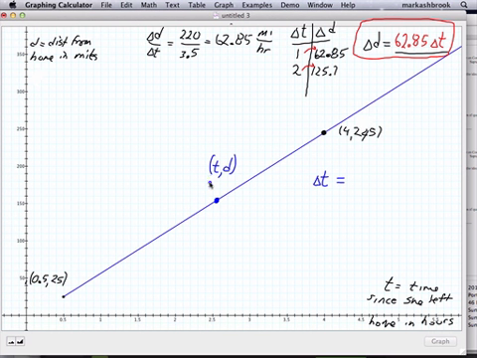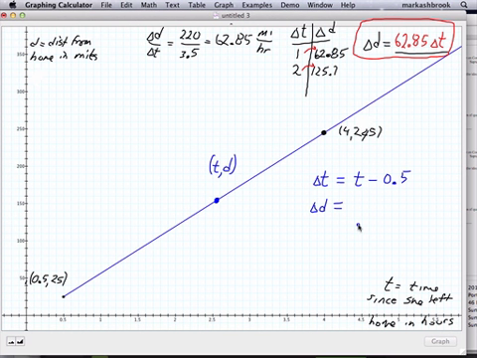T minus 0.5. Agree with that? So to any time t, the change in time starting at half an hour to that time t will be t minus 0.5. All right, now we're going to use our proportionality of changes. What is the change in distance?